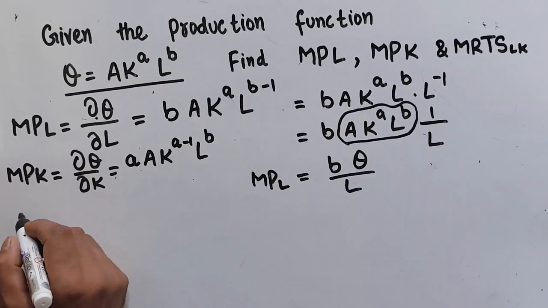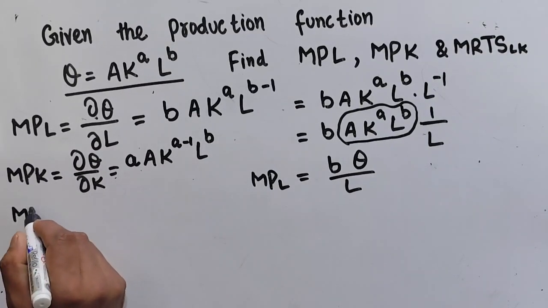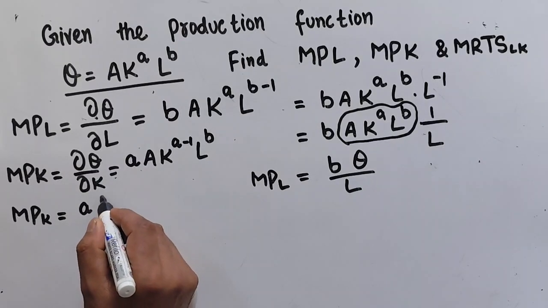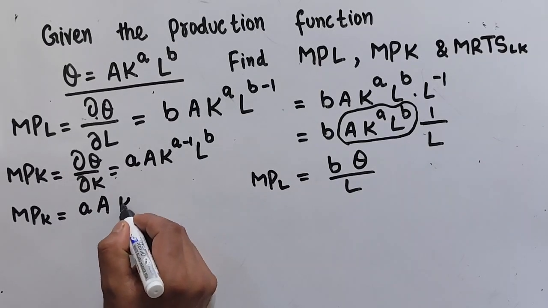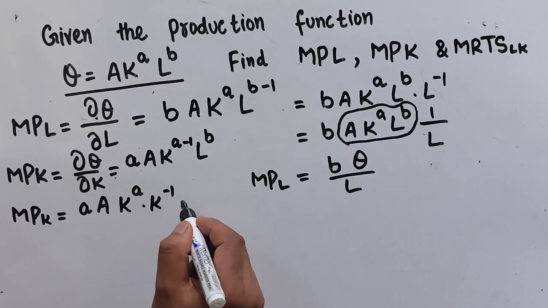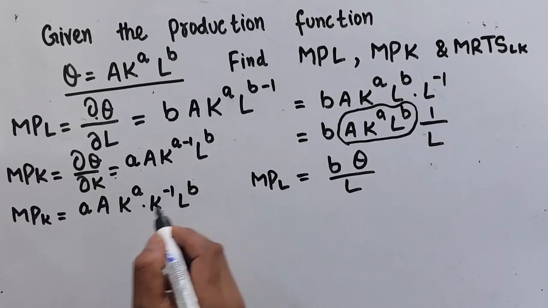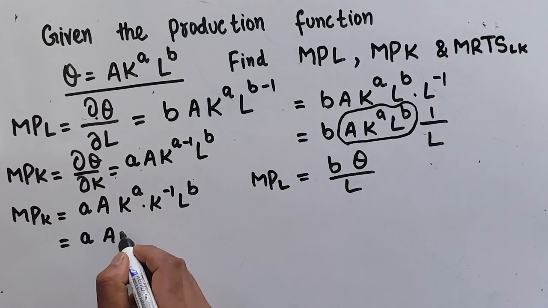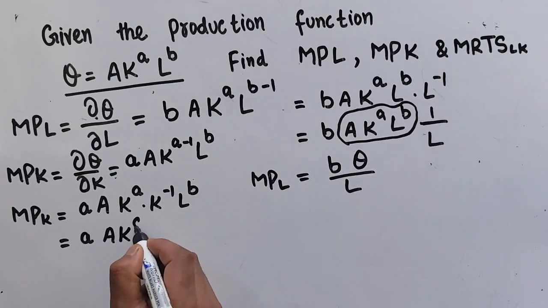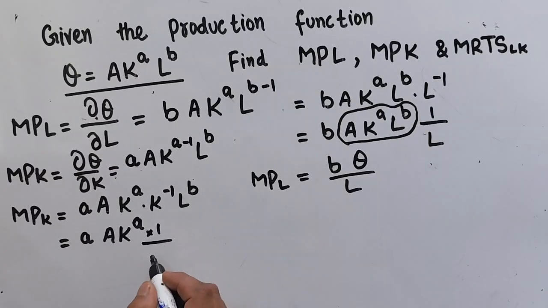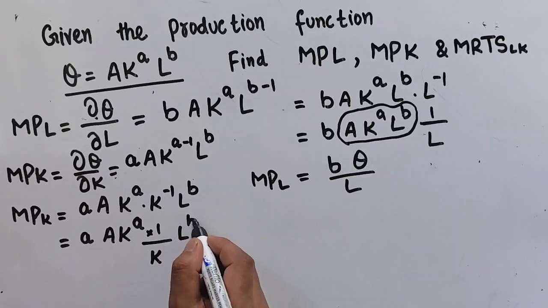Solving further, the marginal product of capital will be equal to a times A, K to the power a, times K to the power minus 1, L to the power b. We can rewrite it like this: a times A, K to the power a, and transpose the K term to the denominator, so the exponent sign will change, and L to the power b will remain the same.